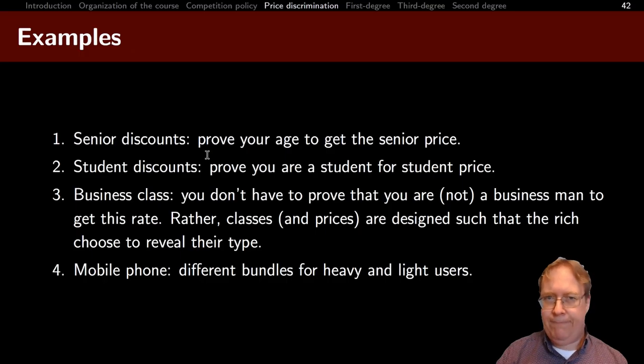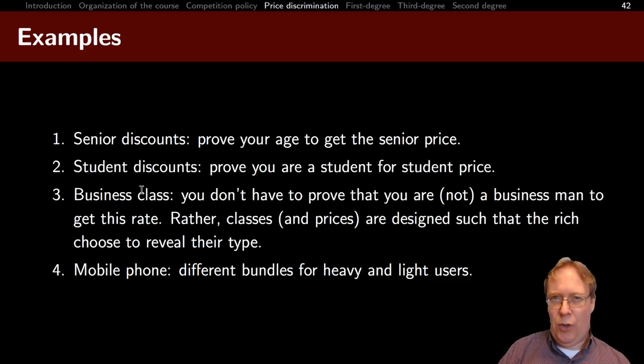Senior discounts, you have to prove your age to get the senior price, so that will be second degree, right? Student discounts, same story. To get the discount, you have to prove that you're a student, so that will be second degree price discrimination. But then business class. Well, if you want to fly, you can choose business class or tourist class. But the airline company cannot really distinguish between those two groups.